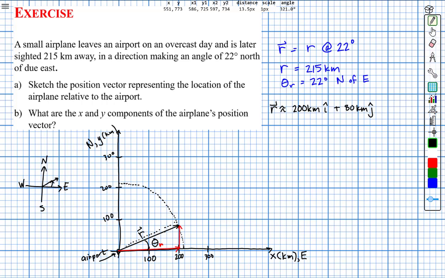So we have a right triangle, and we know, because we've had trigonometry, how to calculate the legs of the right triangle. Remember, the components of a vector just correspond to the legs of that vector.